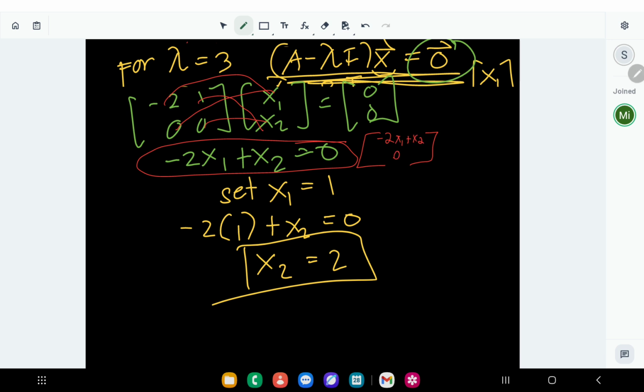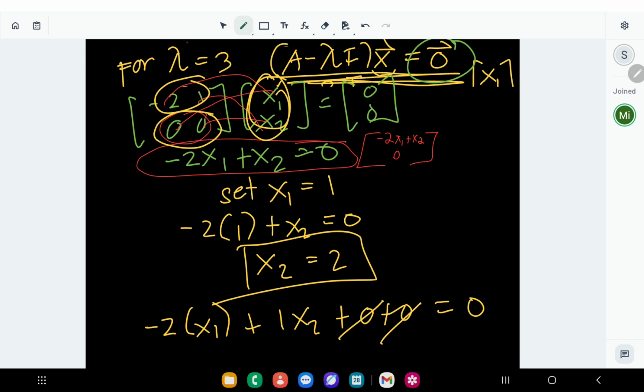We don't include the 0. Recall the matrix multiplication. No, because the result of that is not a vector.